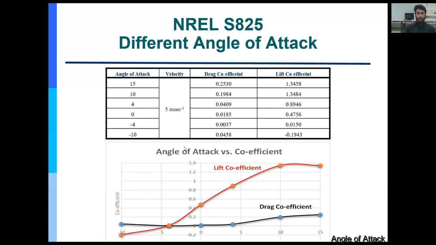Here also we observe that the lift coefficient increases with the angle of attack, but at 10 degrees the lift coefficient decreases. So from here we can say the best angle of attack for NREL S825 is 10 degrees.